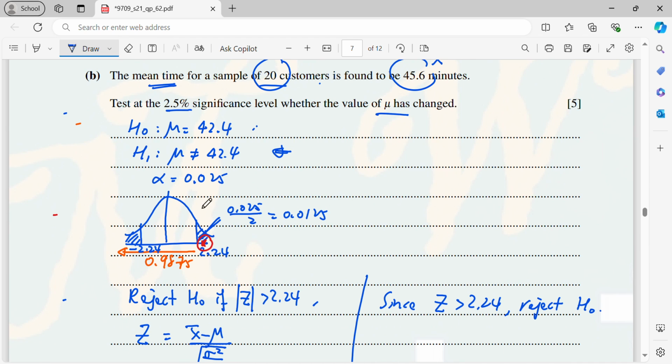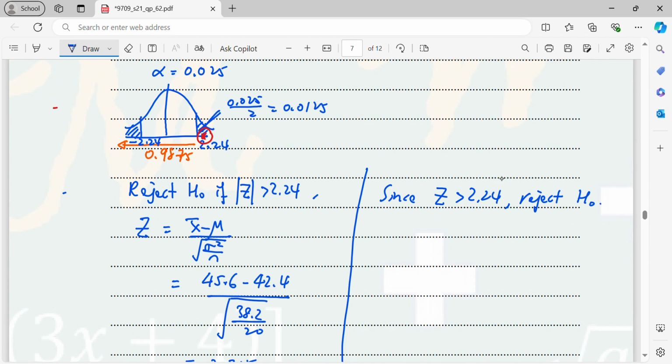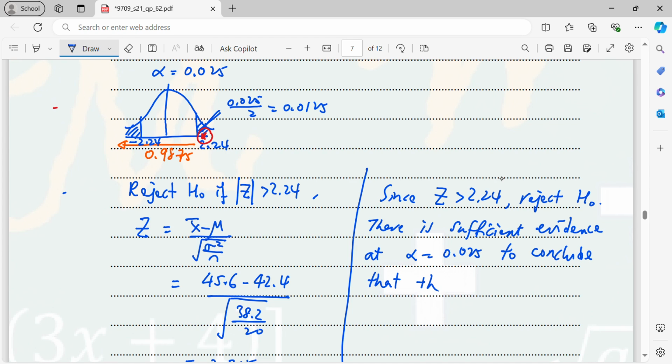There is sufficient evidence at alpha equals 0.025 to conclude that the mean time has changed. The population mean time.